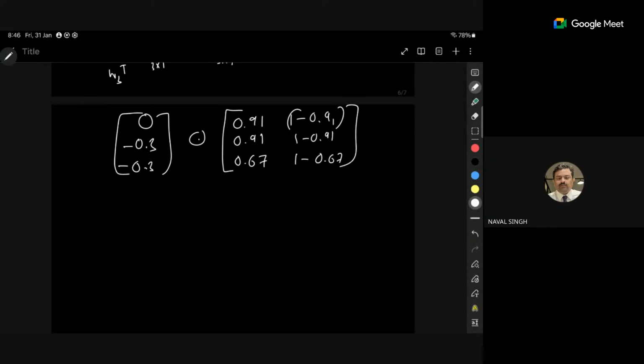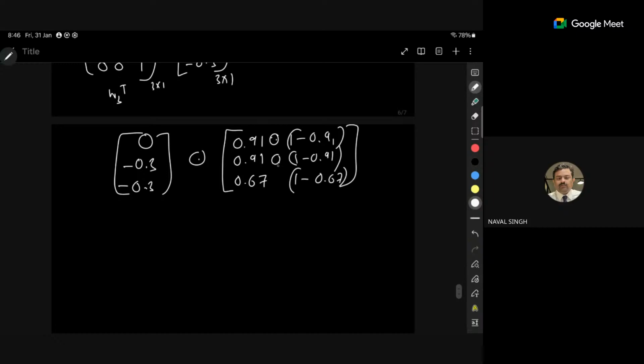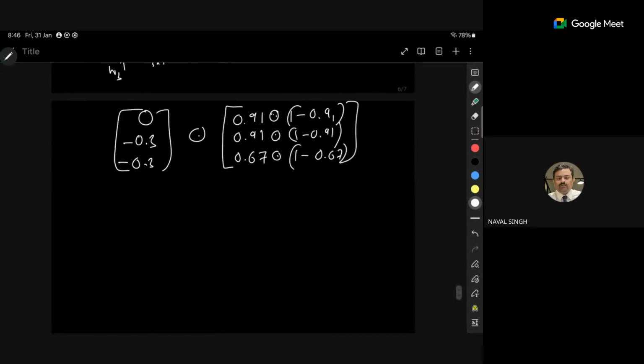So this is another multiplication I have to do. So this also should be element wise, right? Both will be element wise here and there. So first is going to be 0. Another is something I will do. It will be 0.3 into 0.09 into 0.91.